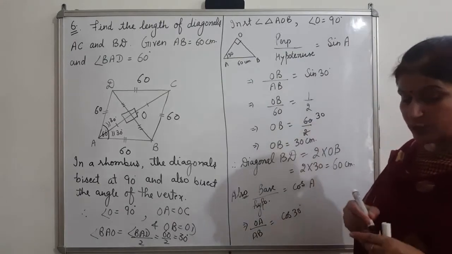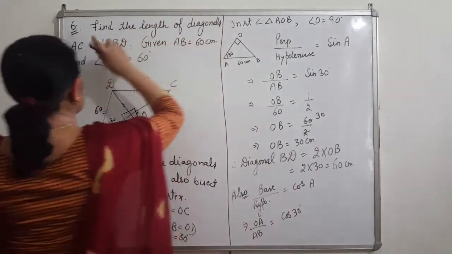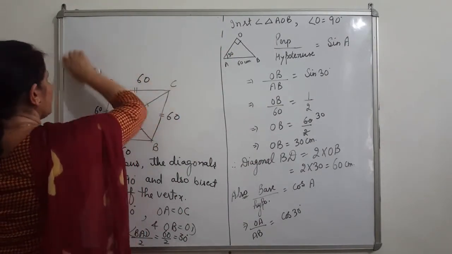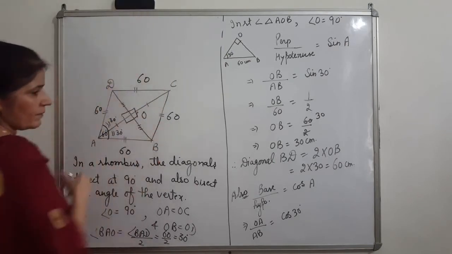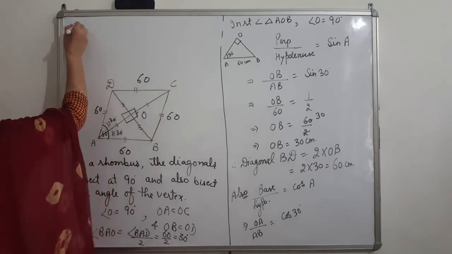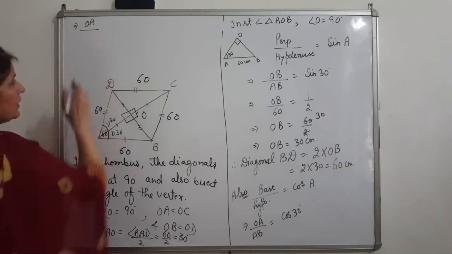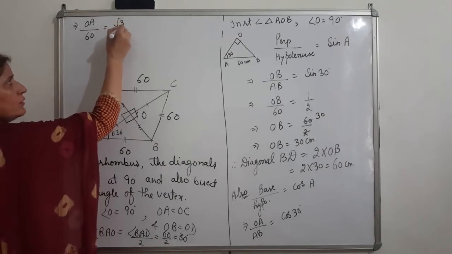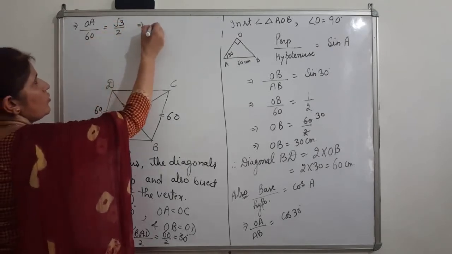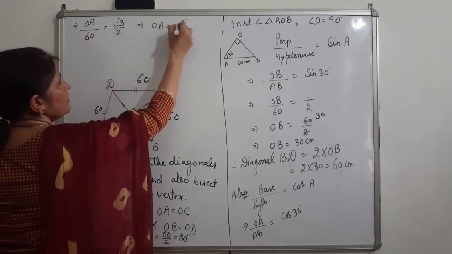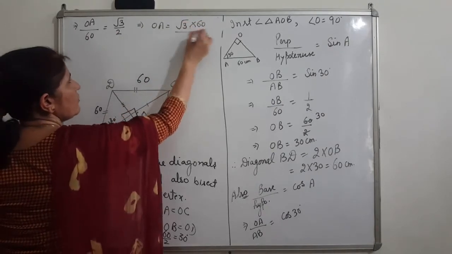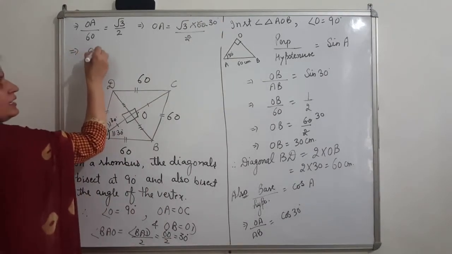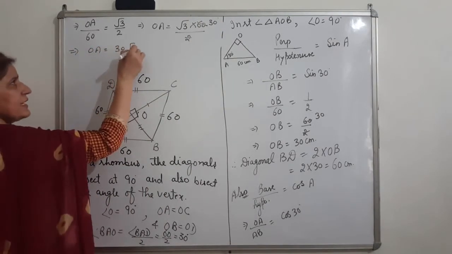Now we will substitute the values. Now OA you have to find. It is 60, and cos 30 is root 3 over 2. So OA equals root 3 into 60 over 2. You can cancel. So what is OA? It is 30 root 3 centimeter.